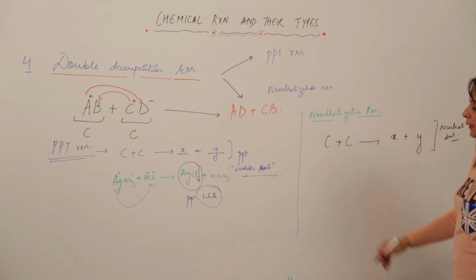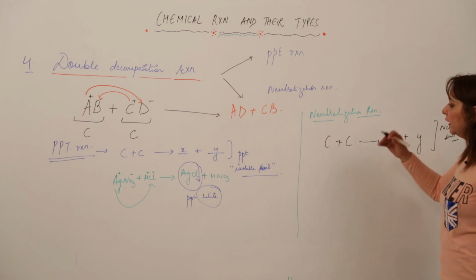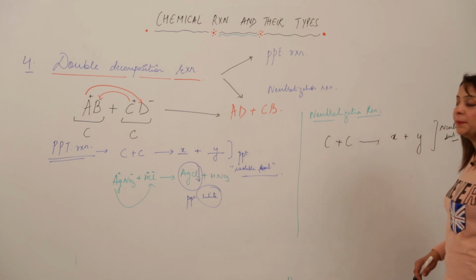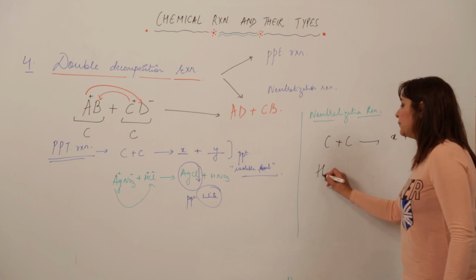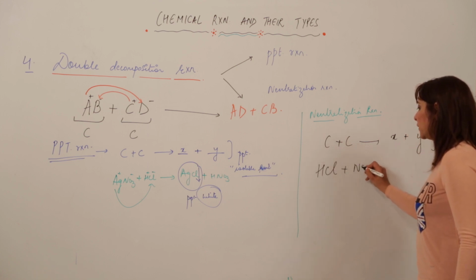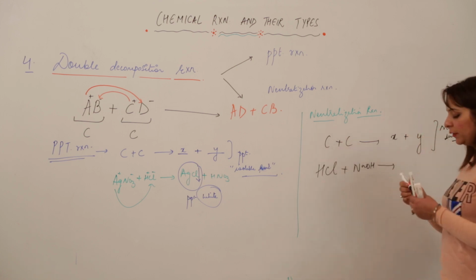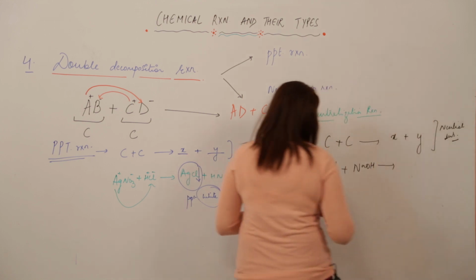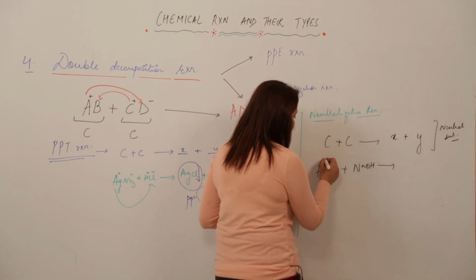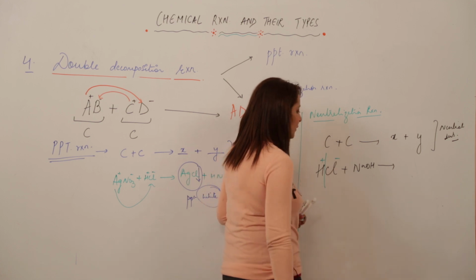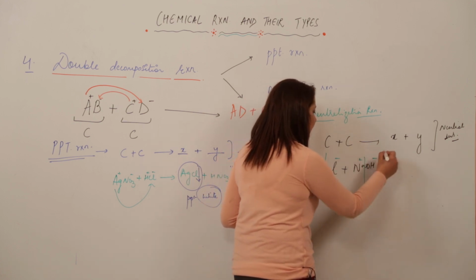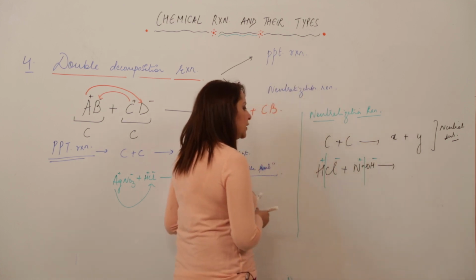Just to make you understand this reaction in a better way, I am taking an example. See, I am taking an acid and a base. How will they react? These compounds will decompose, like I am writing the valency, so it will get decomposed like this. Similarly, it is going to get decomposed like this. Now what is going to happen?